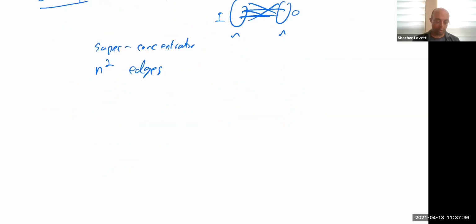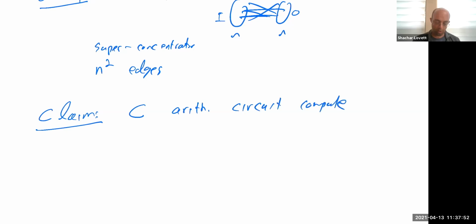So now let me make the following claim. It's going to connect the two things. Let C be an arithmetic circuit that computes Ax, where A is some n by n matrix.